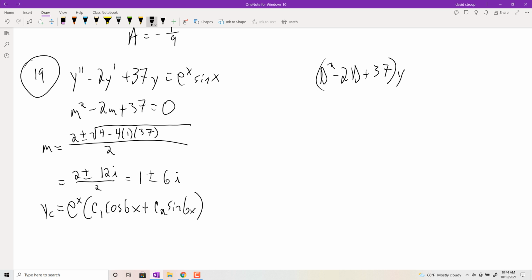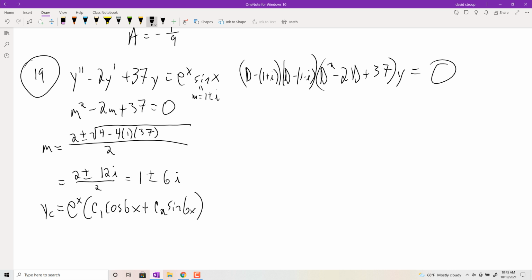And then to get rid of the e to the x sine x, you need roots m equals 1 plus or minus i. So that's going to be D minus 1 plus i, and then times D minus 1 minus i. The truth is, you don't really have to worry too much about this formation unless you have repeated roots.